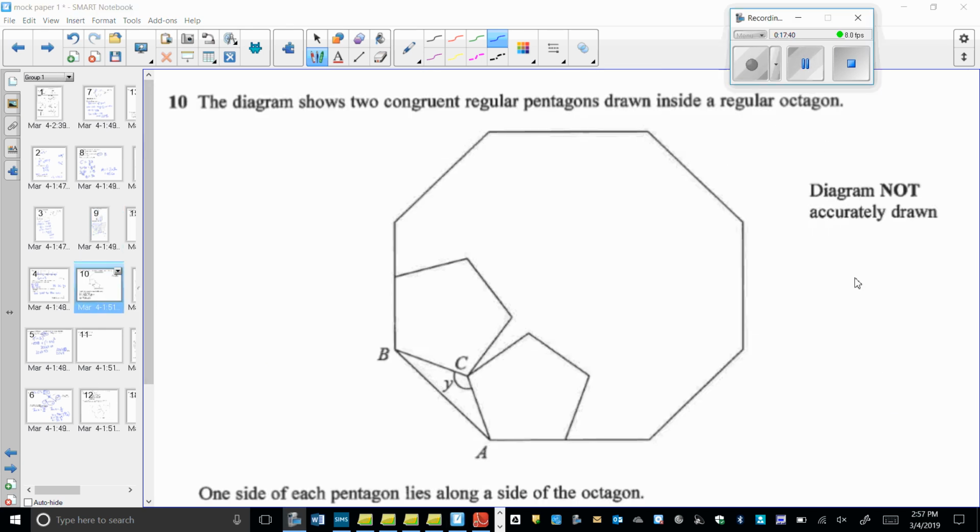All right, so 2 congruent regular pentagons. Congruent means exactly the same. Regular pentagon means that they all have the same angles, and pentagon tells us it's got 5 sides. A regular octagon means it's got 8 sides and all the angles are the same.